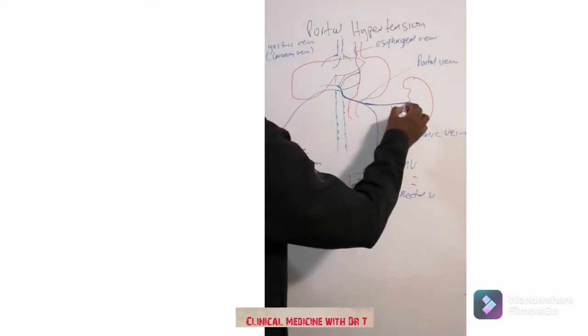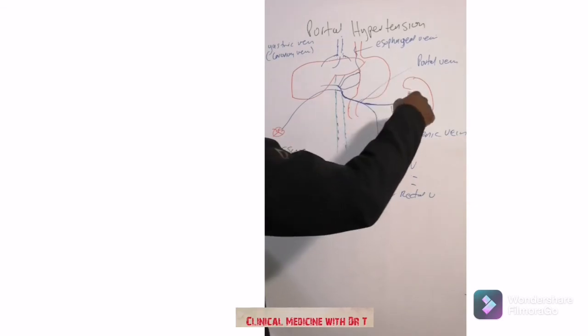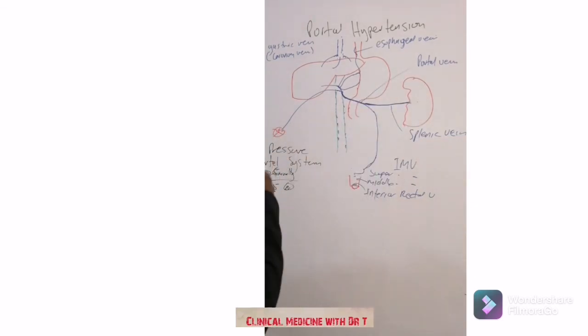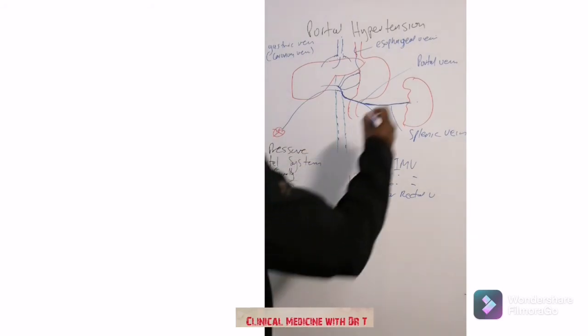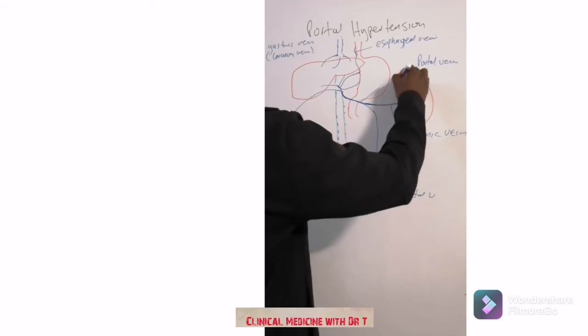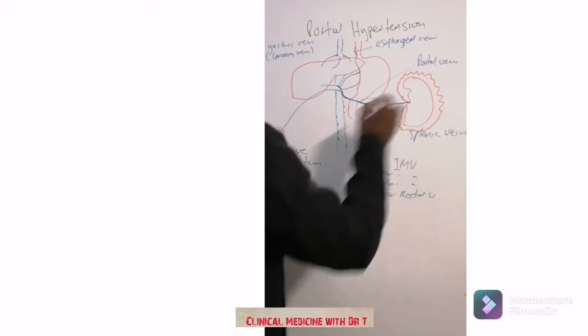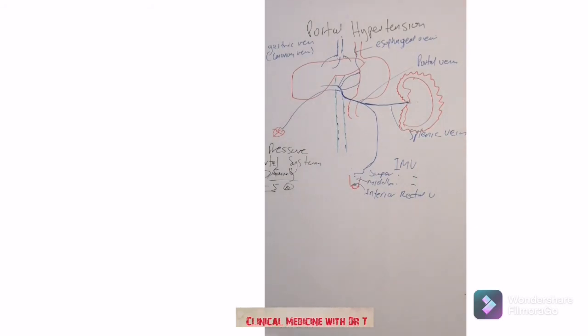So you're going to end up having a lot of blood that goes back to the spleen and stays there. And when that happens, you're going to start having a splenomegaly. And that spleen is just trying to accommodate the blood that is coming back to it. You get a splenomegaly.